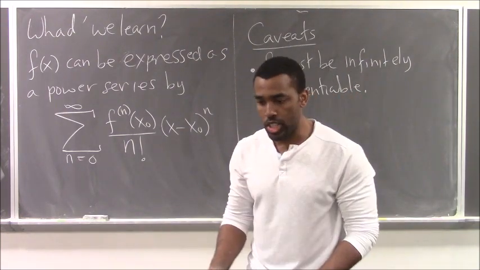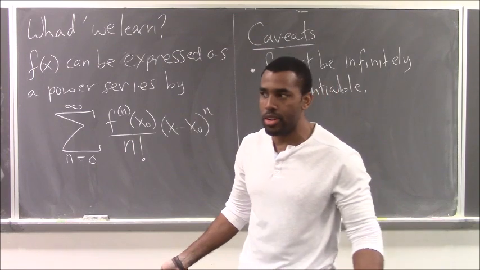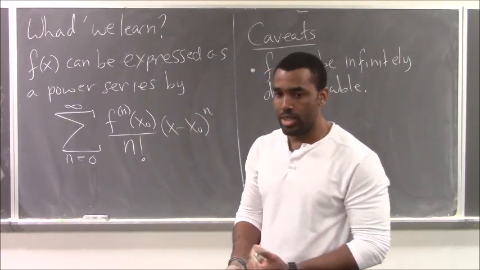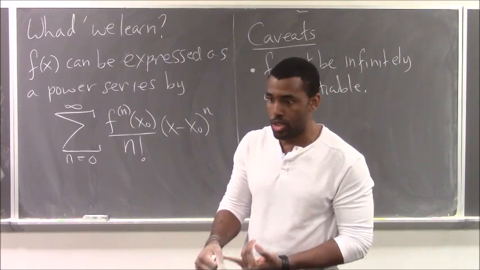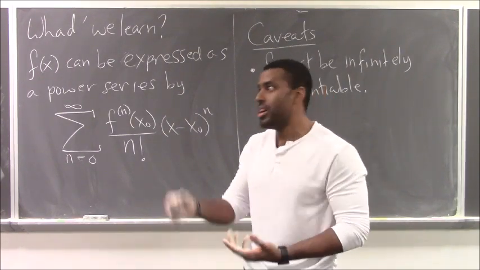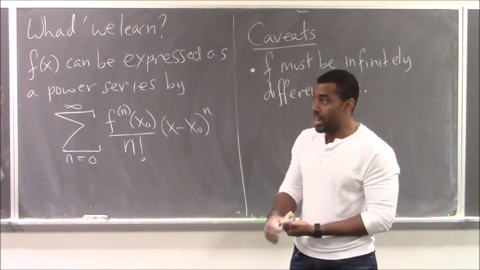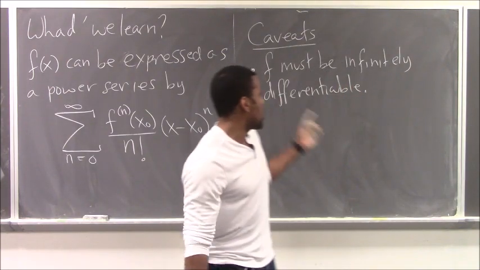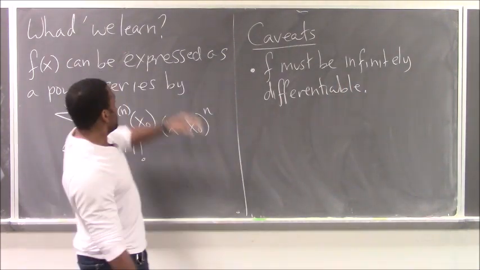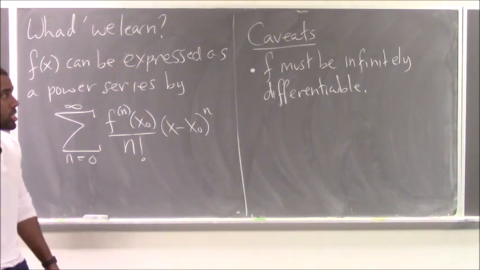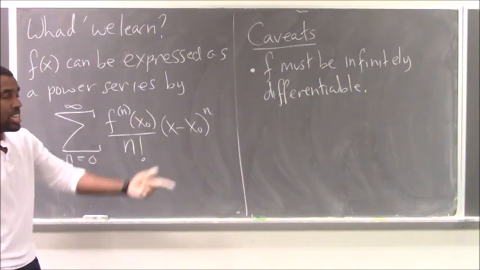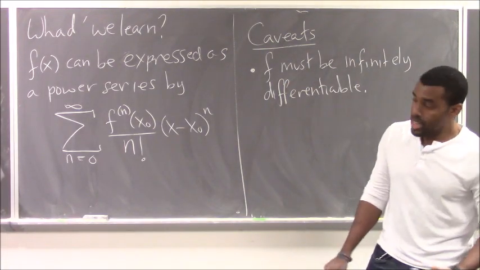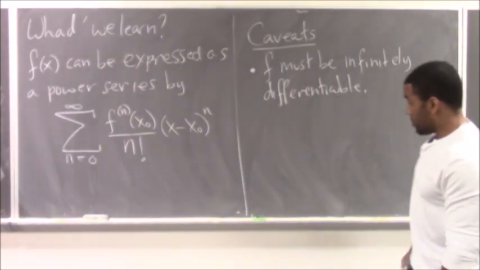So f must be a function that I can repeatedly take derivatives of forever. The original constant is given by the original function. To find the first constant, I have to take the first derivative. To find the second constant, I have to take the second derivative. To find the third constant, I have to take the third derivative, and so on and so forth. So I need to be able to repeatedly differentiate something going off to infinity. So this way of generating a power series can only work if a function is infinitely differentiable. So that's the first thing.